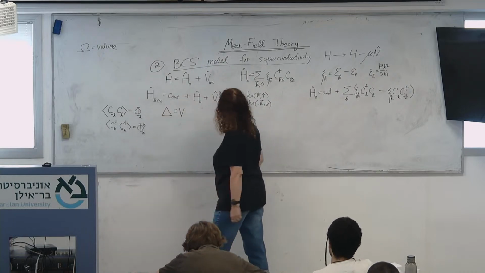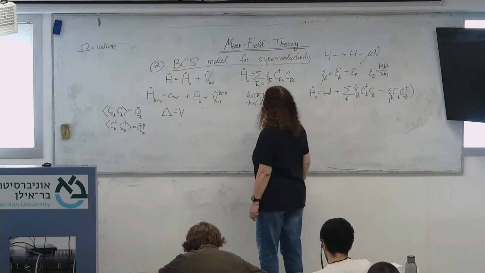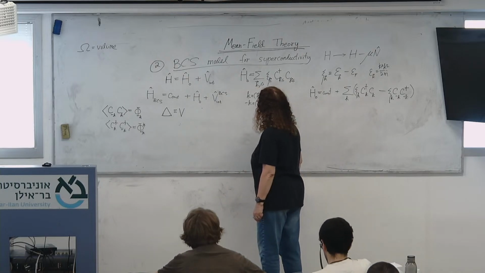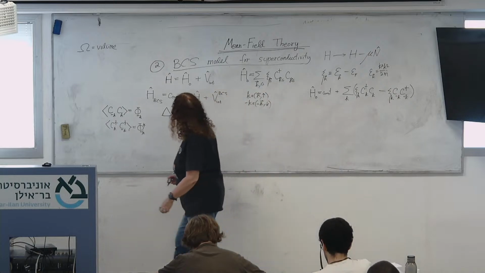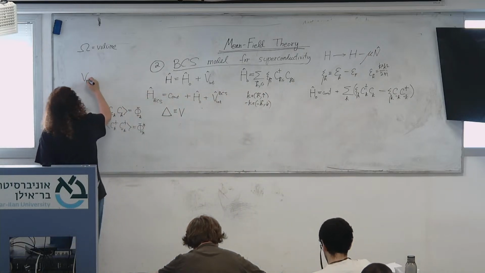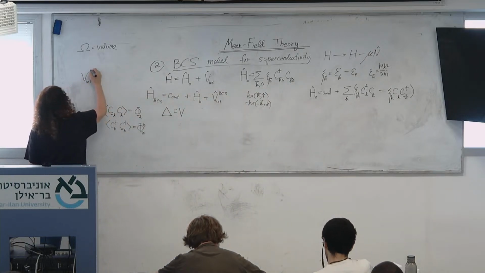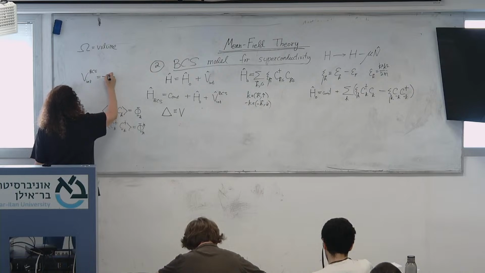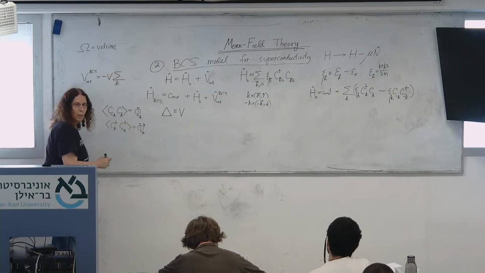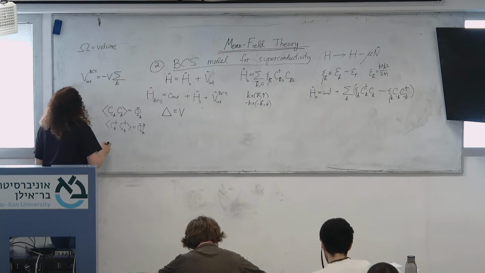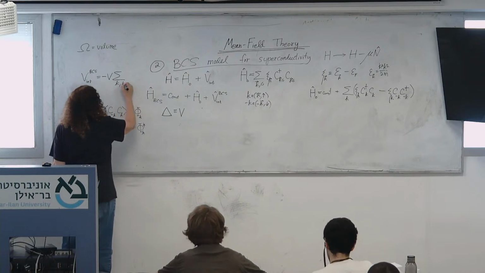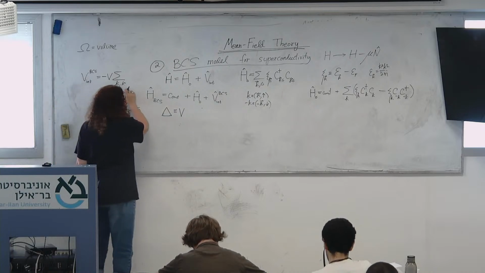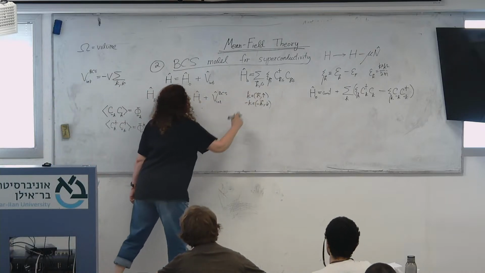V. Okay, V is the, oh, I erased the interaction, so let me write it on this side. So the interaction was minus V times, now if I use my new notation, a sum over k and k prime, where the k and k primes are of this type.